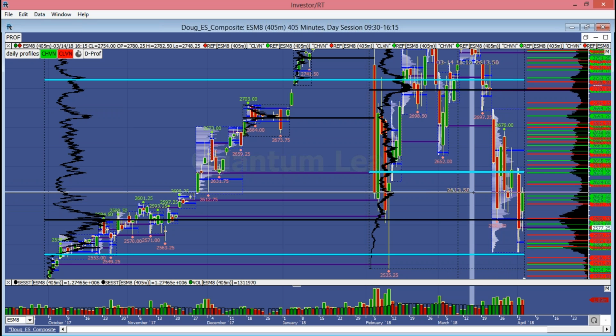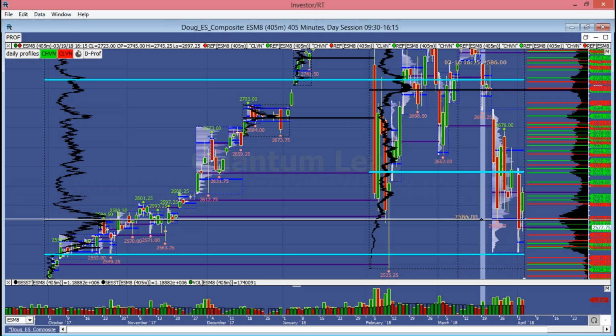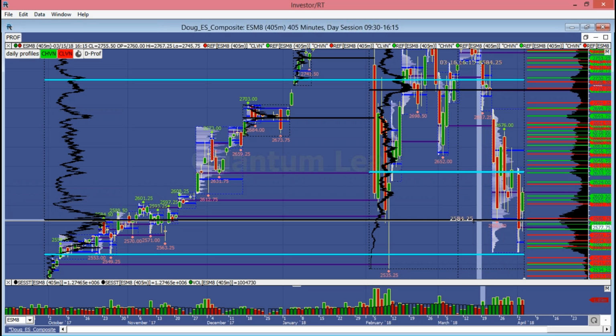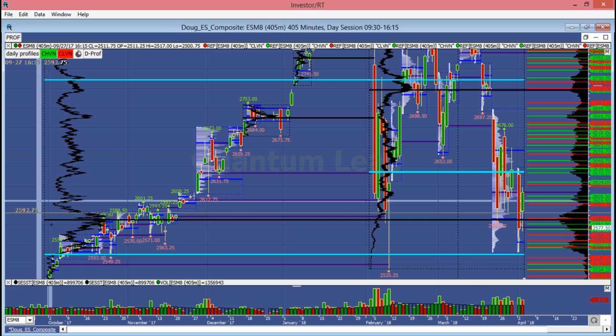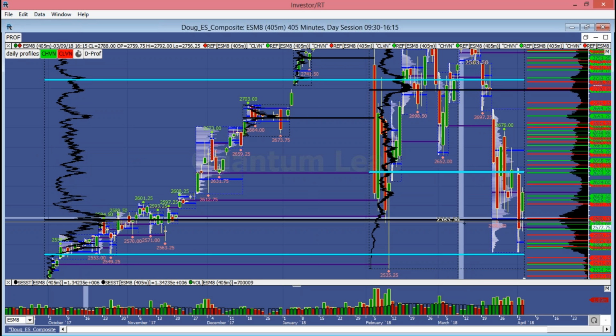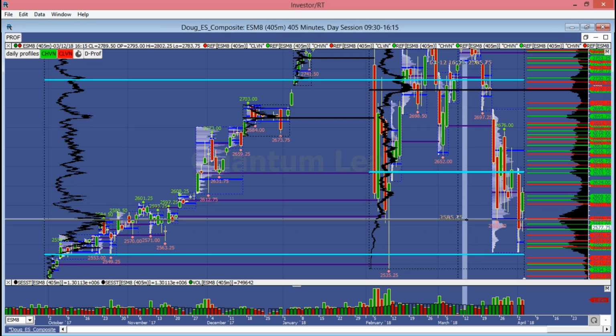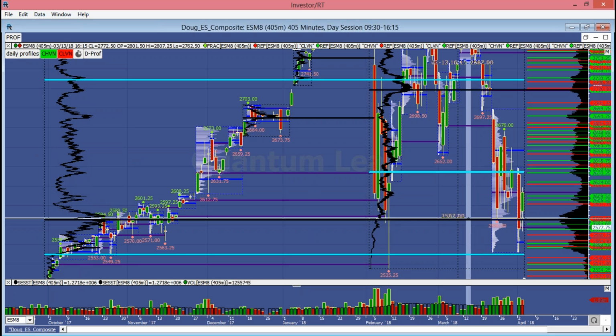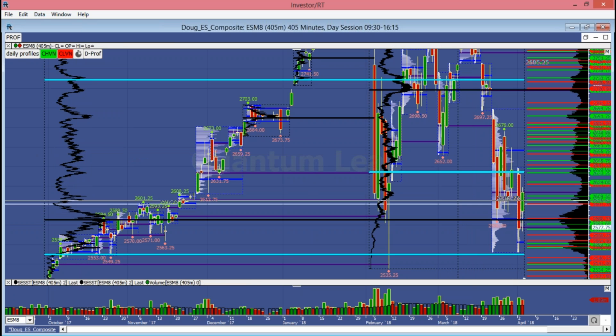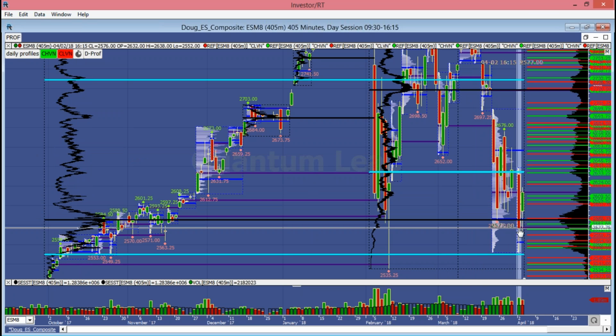It was 13 before. But the value area low is sitting right on top, just above the microcomposite for the much longer time frame. So that's going to be our key line in the sand above.